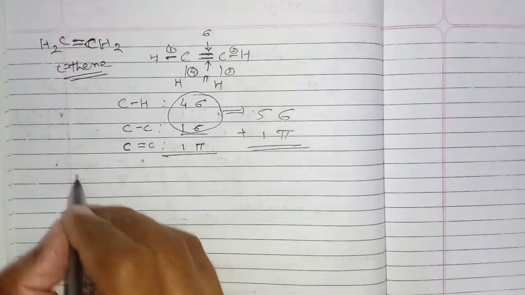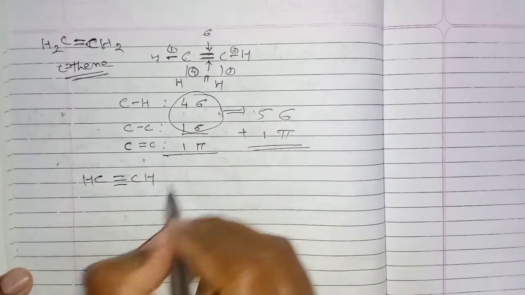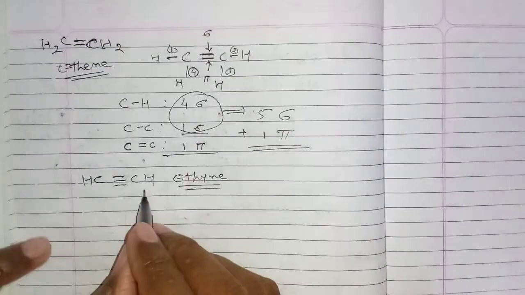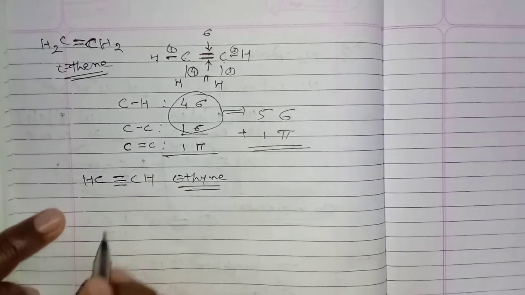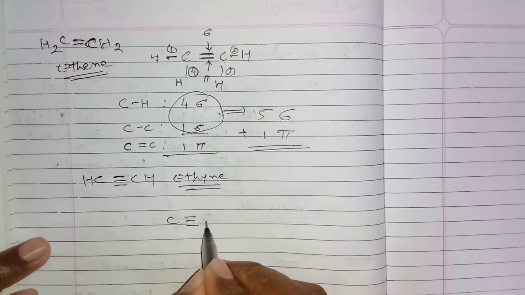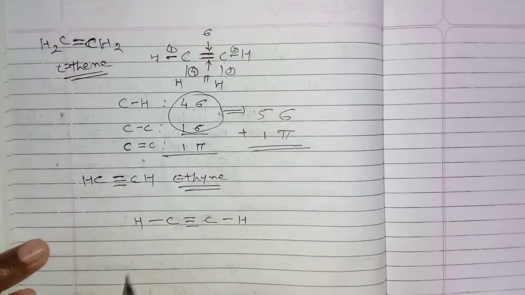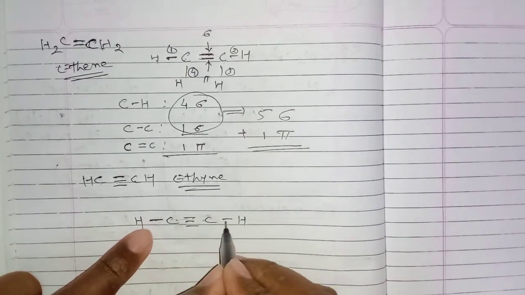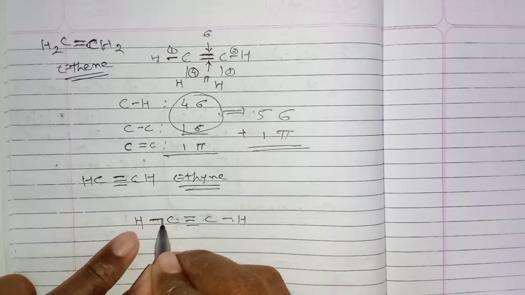Now suppose, in the ethyne molecule, between the two carbon atoms there is a triple bond. Let's simplify here, and the carbon and hydrogen are joined by single bonds, here 1 and 2.